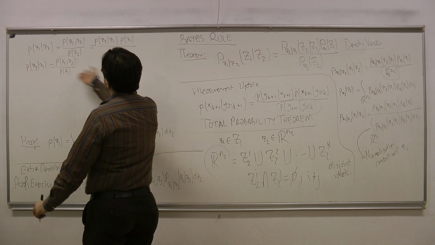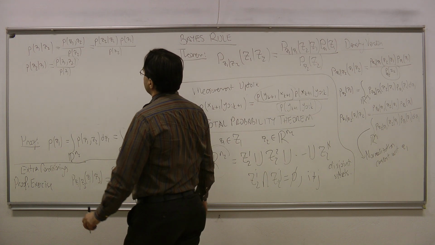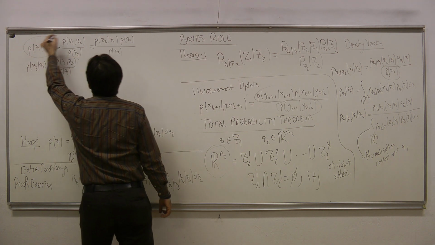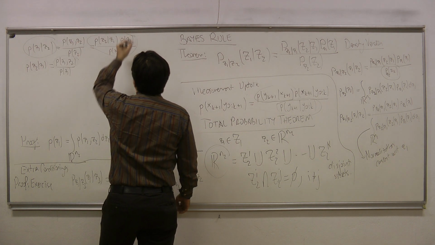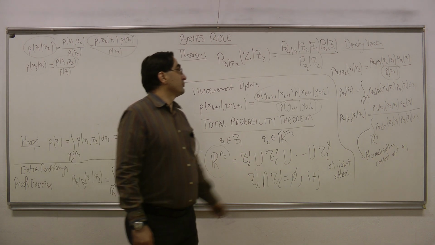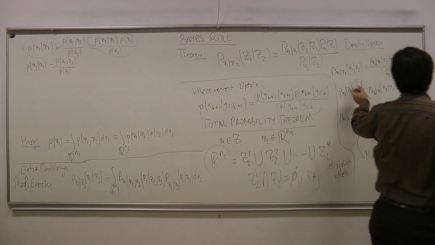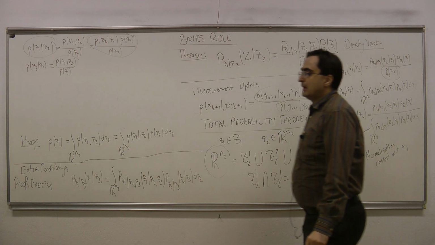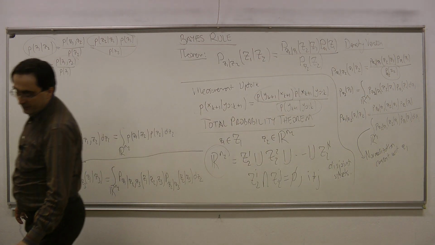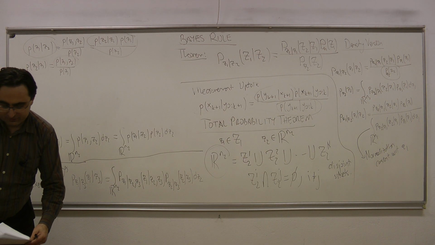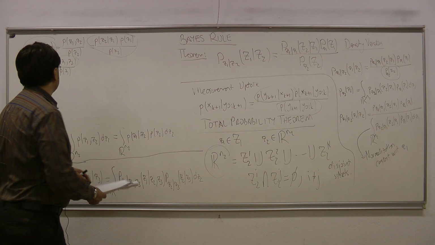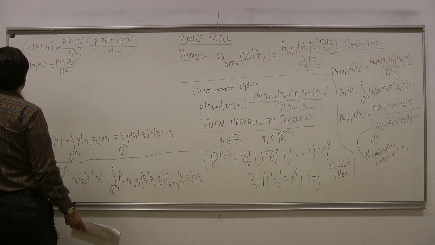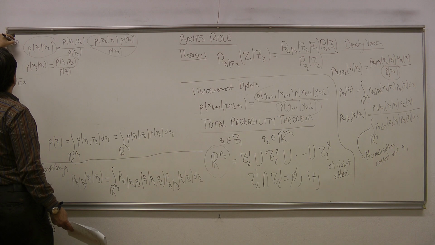Okay? So this is a basic proof. If you combine this part and this part, it would give you the Bayes rule that I have written here. Okay? And just like the total probability theorem, we have an extra conditioning version of the Bayes rule. So this was a proof.